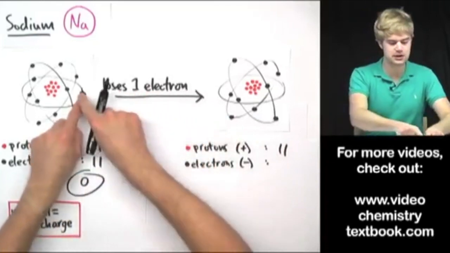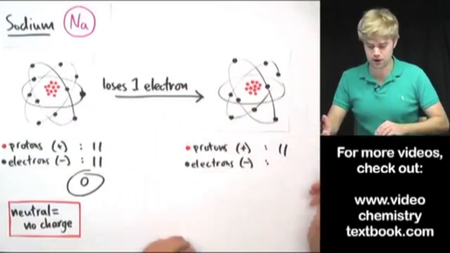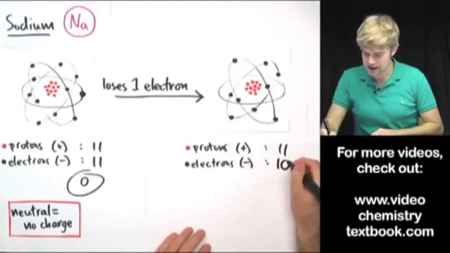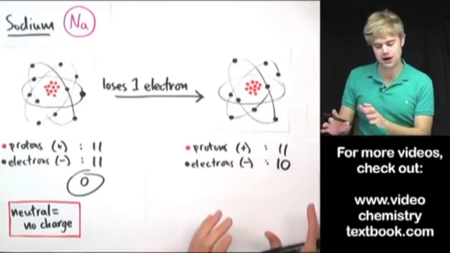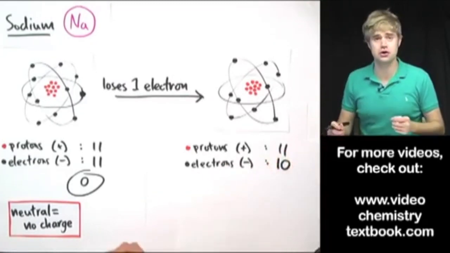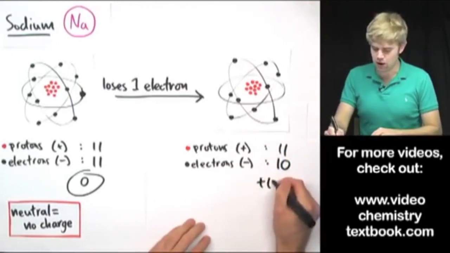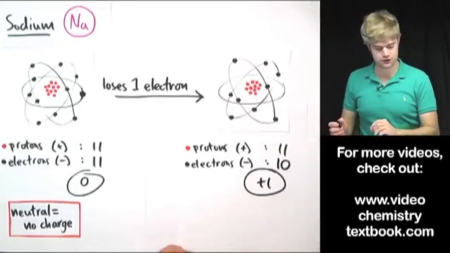But now because it's lost this electron, it only has 10 electrons. So now the positive and negative charges don't balance out anymore, and I'm left with more positive charge than negative charge. So this thing now is going to have a charge of +1, one more positive charge than negative charge.